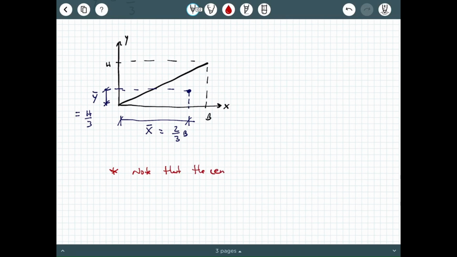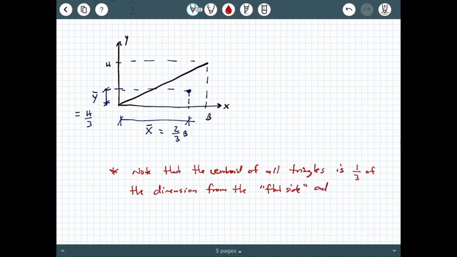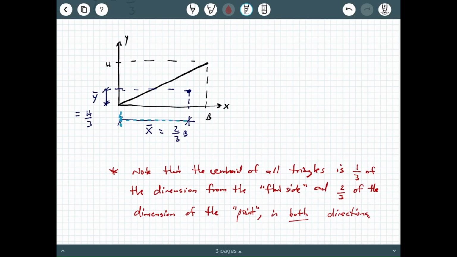Note that the centroid of all triangles is 1/3 of the dimension from the quote flat side and 2/3 of the dimension of the point in both directions, okay?